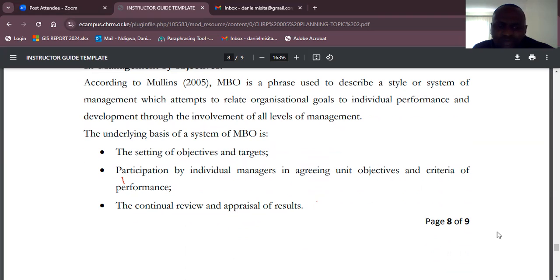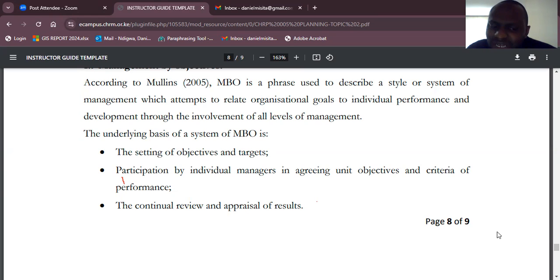For example, if you are working for a manufacturing organization, you already know from the onset what you need to achieve as a manufacturing firm, so it becomes easier to organize these organizational objectives.